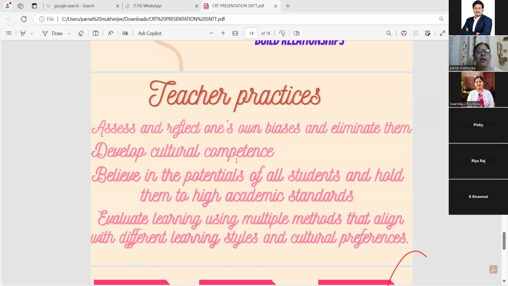Then develop cultural competence. We need to know the culture of other communities or those who are around us. Nowadays, if you talk in terms of food, we eat all types of food. We are eating North Indian food, momos, idli dosas, pav bhaji, vada pav, chowmins, yakni pulao.